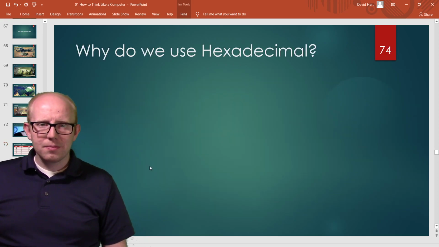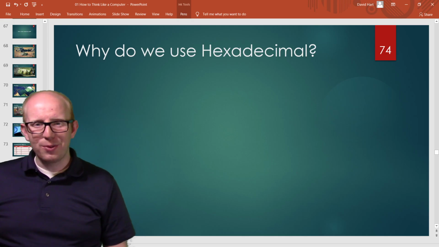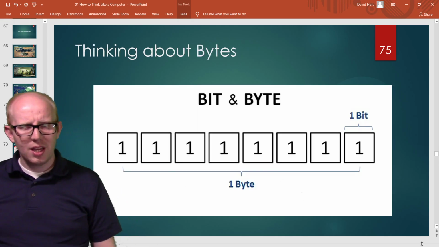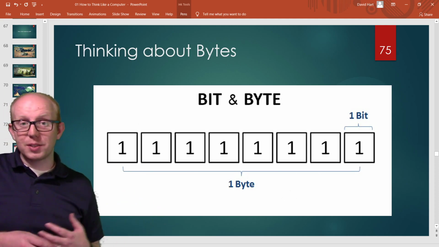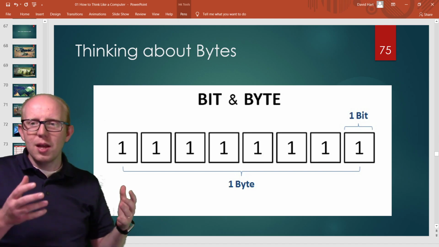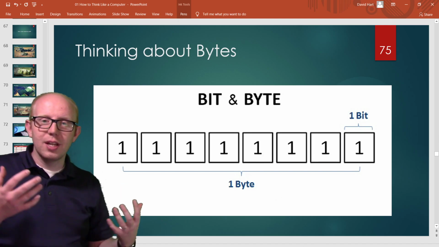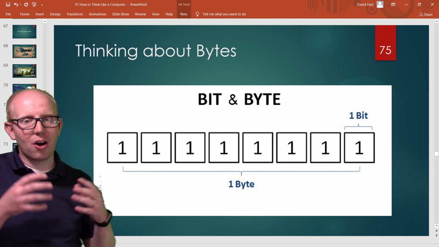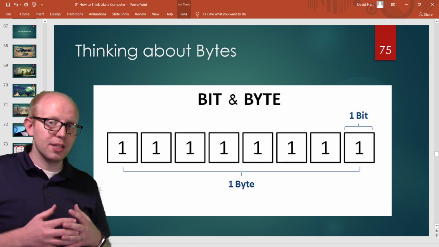Okay. So we'll come back to why we use hexadecimal. Let's talk about how we convert it. And the reason, which kind of explains why we use hexadecimal as well, is that we think of a lot of information in computers in terms of bytes. Bytes are 8 digits in binary.